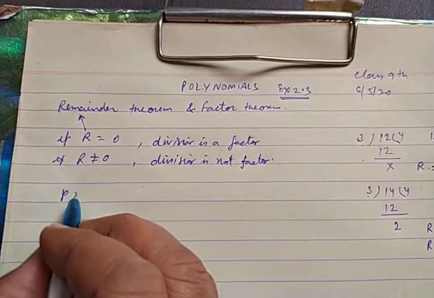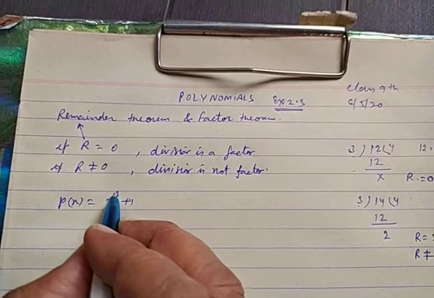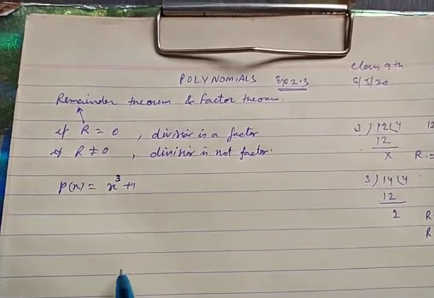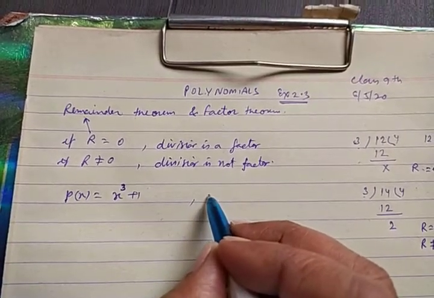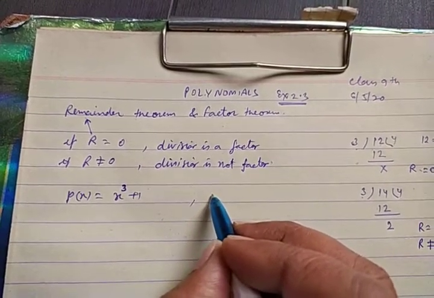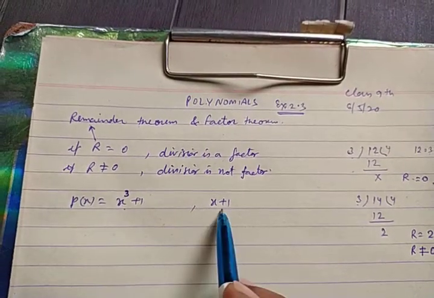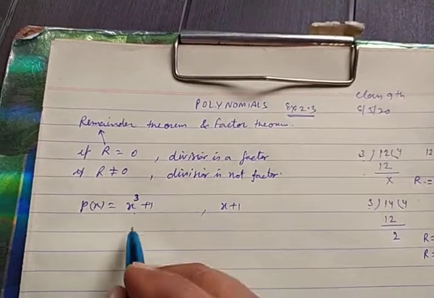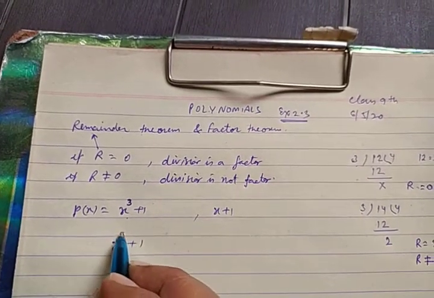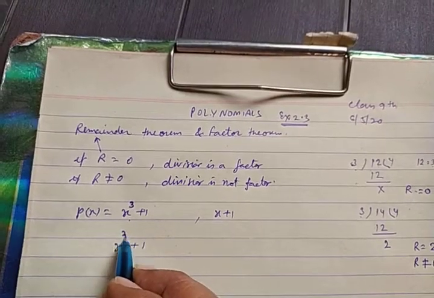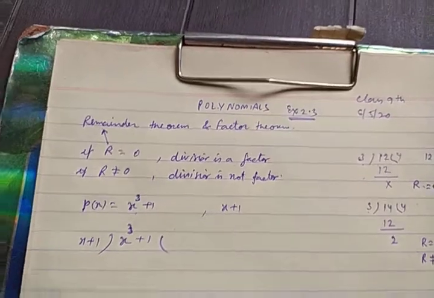For the sake of simplicity, I am taking x cube plus 1, and it is divided by another polynomial, you can say x plus 1. When you divide this by x plus 1, what will happen? Let us observe. By the proper division method, x cube plus 1 you will write in this manner, x plus 1 this side.